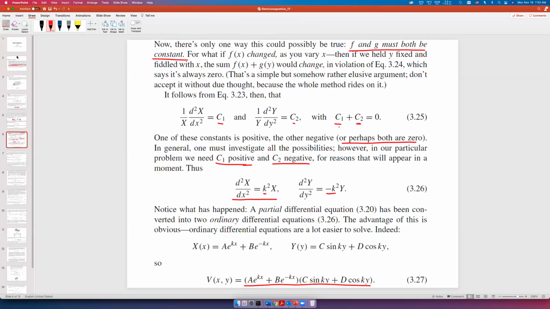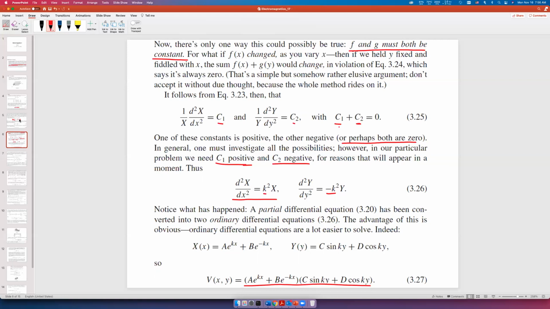So for any problem, if you want to solve the potential or solve the Laplace equation, we use the method of variable separation. You separate the two variables if it's a two-dimensional case in x and y, and then you write it into two equations. One depends only on x, the other only on y.